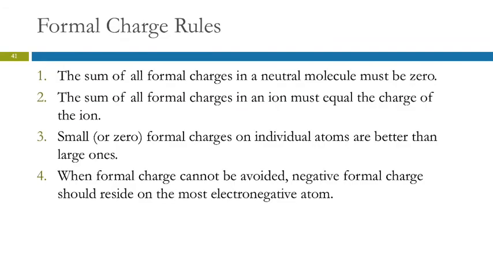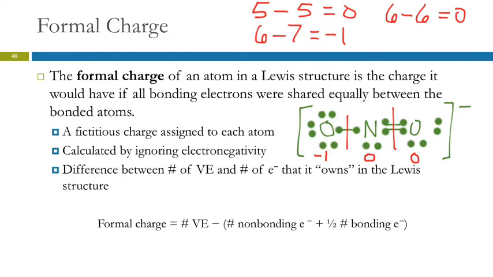When formal charge cannot be avoided, negative formal charge should reside on the most electronegative atom. So this is another of the reasons why we need to be able to predict electronegativity from the periodic table. You don't need to know what the actual electronegativity is. You just need to be able to say, well, this one's more electronegative than this other one. And so in this structure here, we put oxygens on the outside because they were more electronegative.